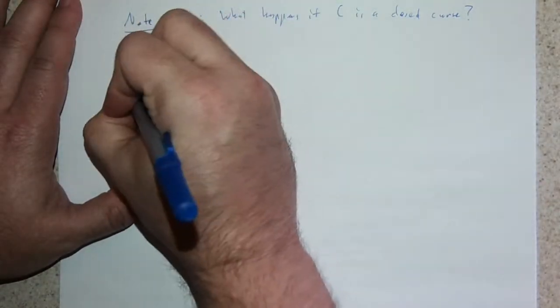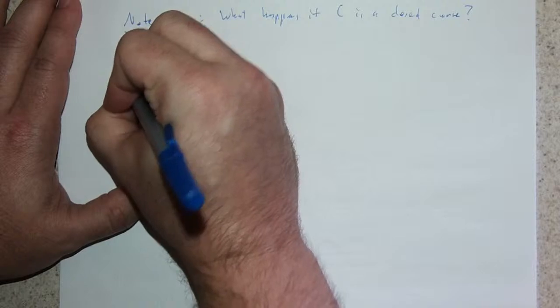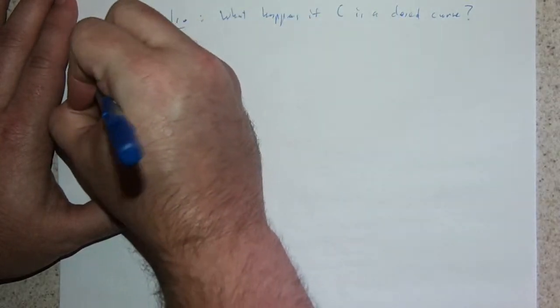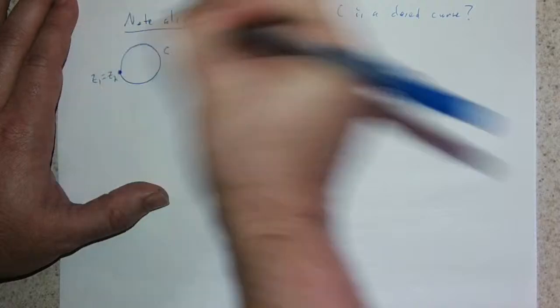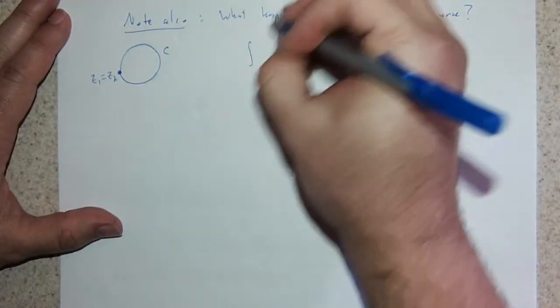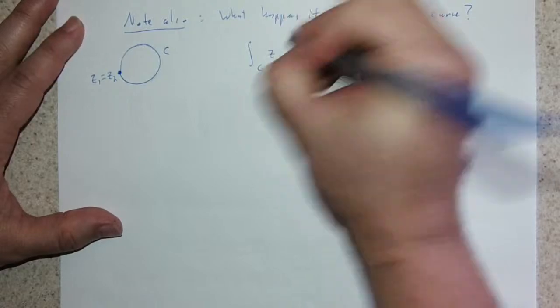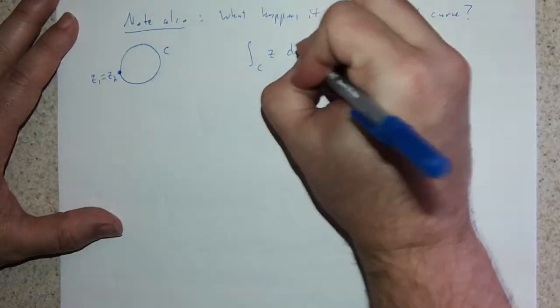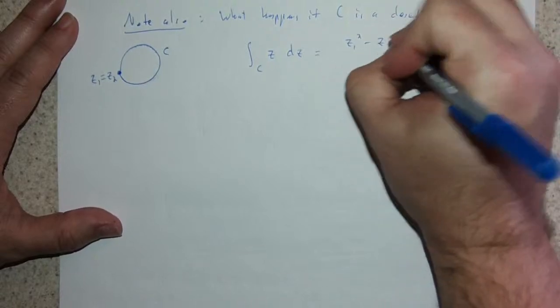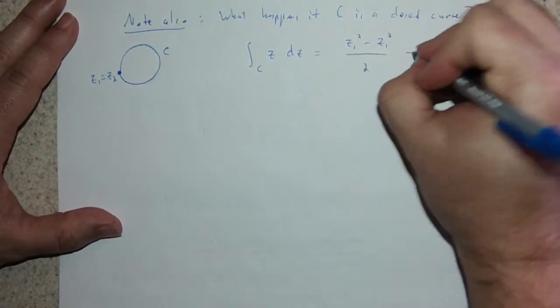So here we have a curve C, and z sub 1 is equal to z sub 2. Well, then in this case, the contour integral of z dz is equal to z sub 1 squared minus z sub 1 squared over 2, which is 0.